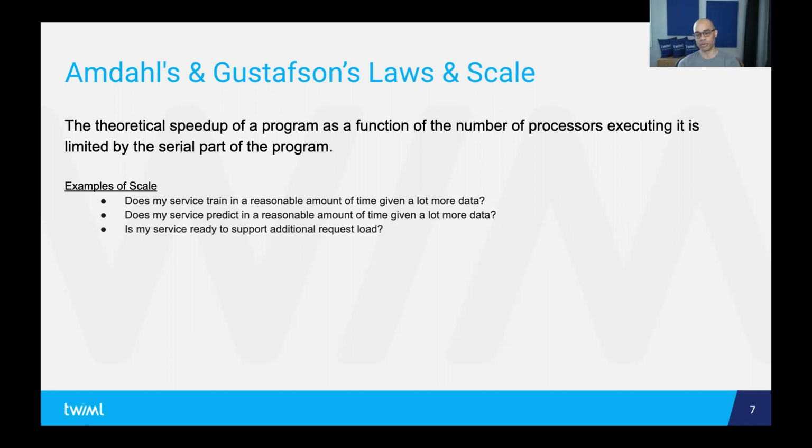So for example, if your training job takes 2 hours and you want it to take 1 hour, the ideal is that you just throw twice as much compute at it. But these laws both say that it's not quite that easy, and if there are parts of whatever process you have that aren't parallelizable, that are serial, the scaling process is inefficient.